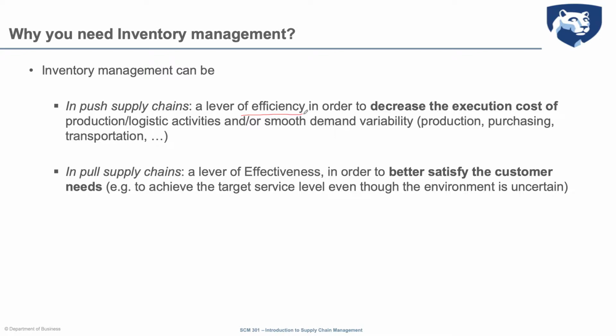Given that I can plan my production and distribution activities in advance, because I'm operating on forecast, I need to be sure that the inventory distributed in the different parts of the supply chain is an optimized quantity. Why can I do that? Because I can analyze this decision in advance.